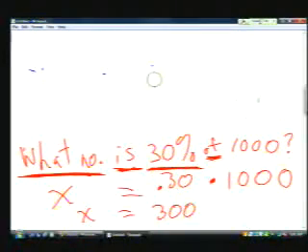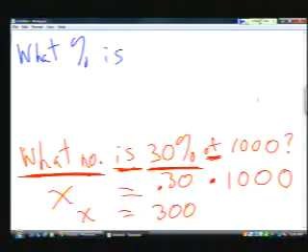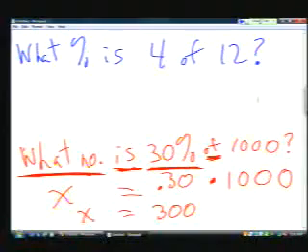And I'm going to come back maybe even do more on Wednesday with this percent stuff because it is very important. If I say, what percent is 4 of 12? Oh, man. Now I'm starting to mess with it, right?